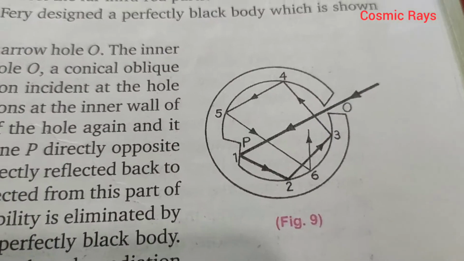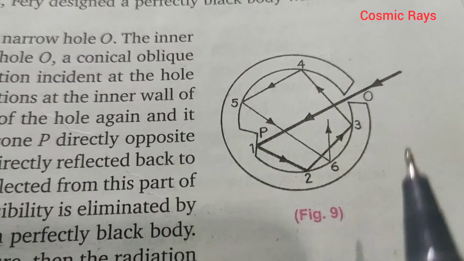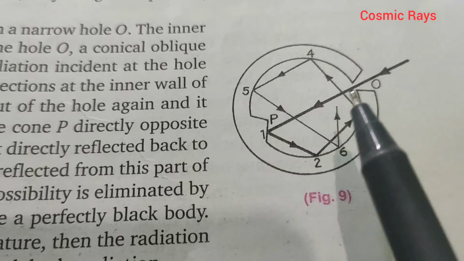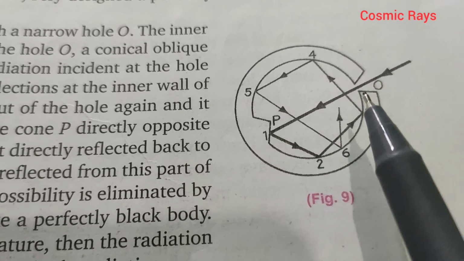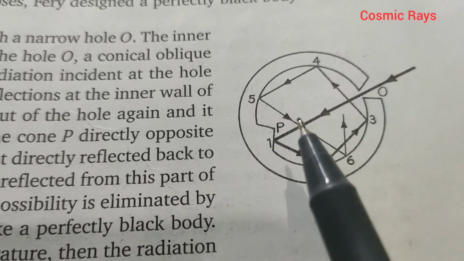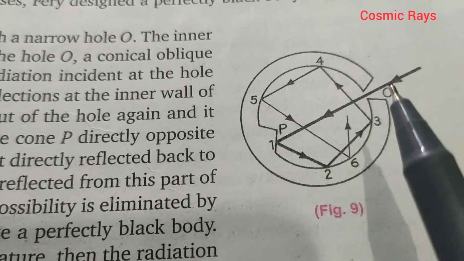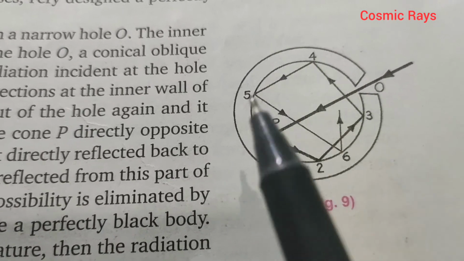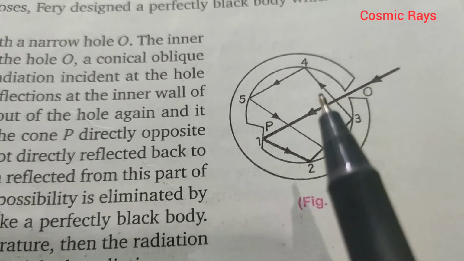We take a double walled metallic hollow sphere with a very narrow hole O. Through this hole we allow light to go inside, or we incident a ray of light inside this metallic hollow. The inside of this hollow is painted black.